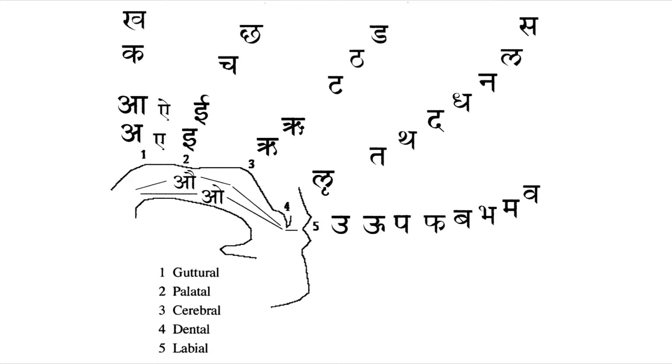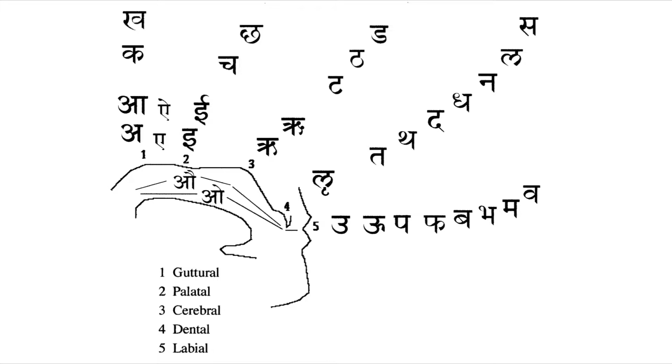In other words, if you make a simple vowel sound like ah in the throat, at the palate you get e. If you do exactly the same thing at the lips, you get oo. If you make a long vowel sound like ah in the throat, at the palate you get e, and at the lips you get ooh.